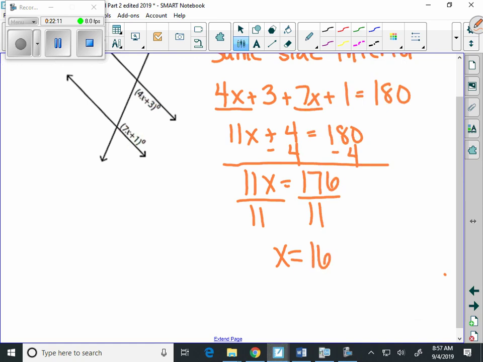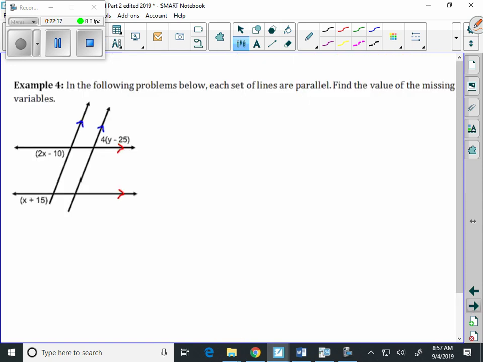And finally, if you can identify the right types of angles, then that makes all the difference in terms of answering these questions. It says in the following problem, each set of lines are parallel. Find the value of the missing variables. So we've got a couple of things.